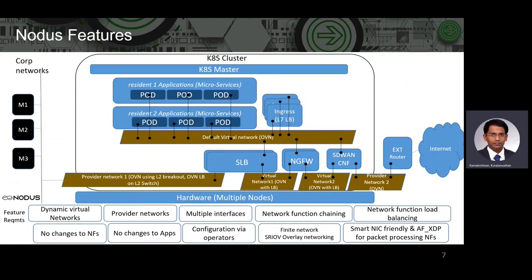For high performance, we are using SR-IOV VF representors in OVS. Moving forward, we will be working on smart NICs and also exploring the opportunity of OVS AF_XDP for packet processing.